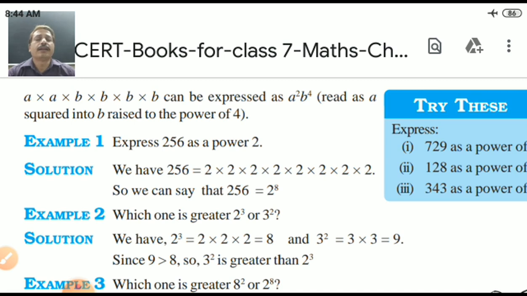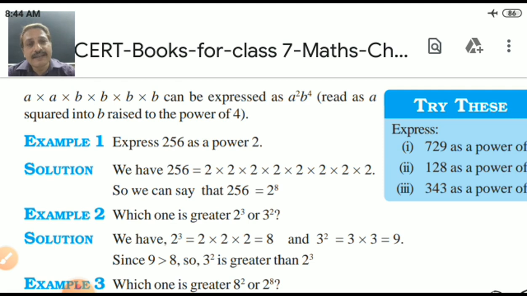Which one is greater, 2 raised to 3 or 3 raised to 2? Yes, now the mathematics or the chapter starts. 2 numbers are there. First time 2 is the base, 3 is the power. Second time 3 is the base, 2 is the power. Look here for the solution. 2 raised to 3 means 8 and 3 raised to 2 means 9.